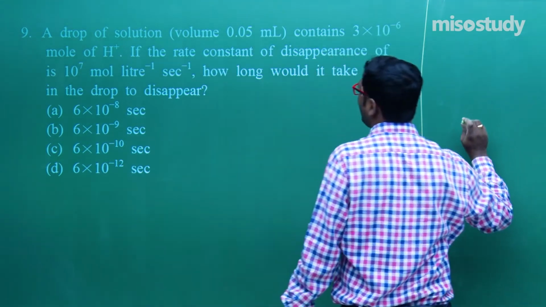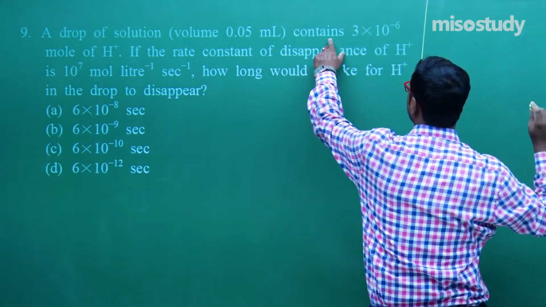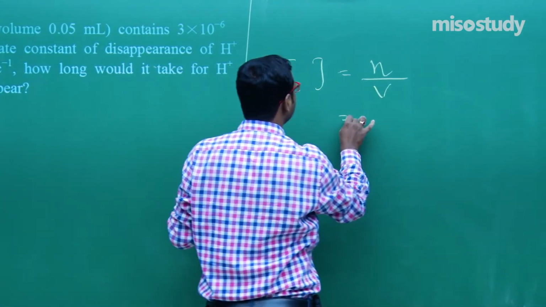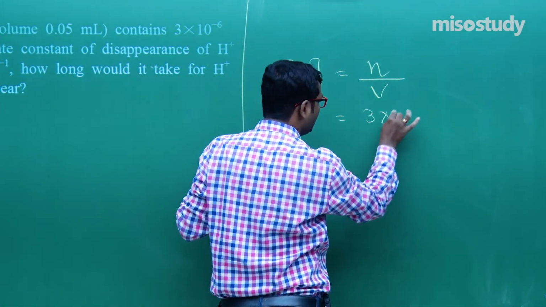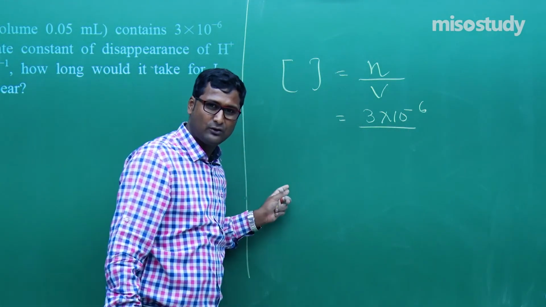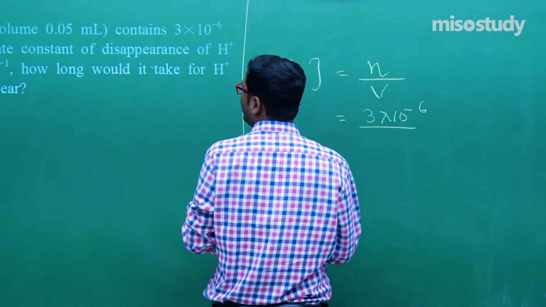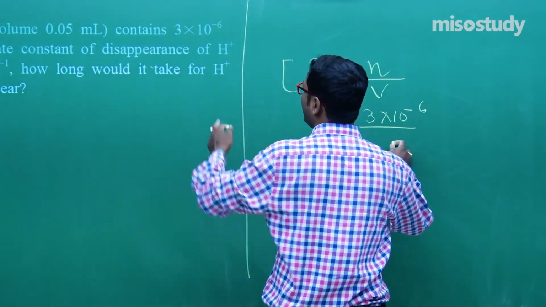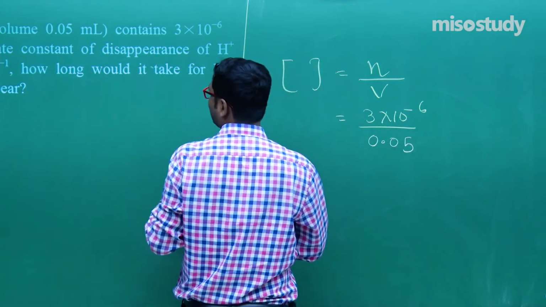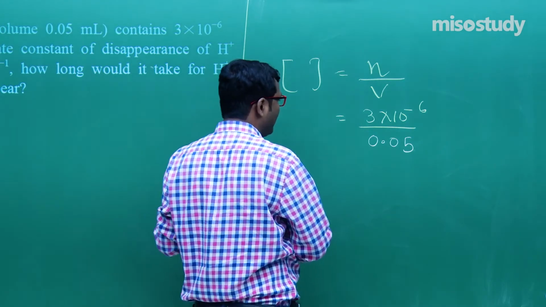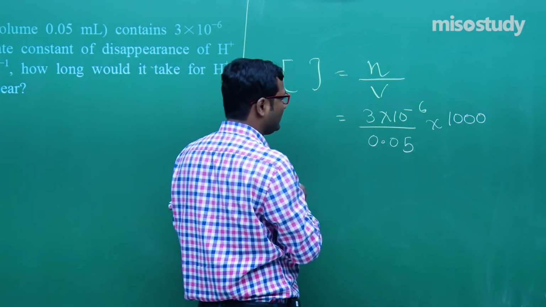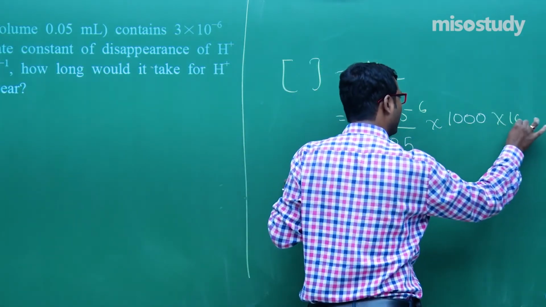First of all, you have to find out the concentration. As we know, concentration is equal to mole per liter. What is mole here? 3 into 10 to the power minus 6, and upon volume, that is 0.05 ml. If 0.05 ml, convert it into liter, multiply by 1000. Now multiply by 100.